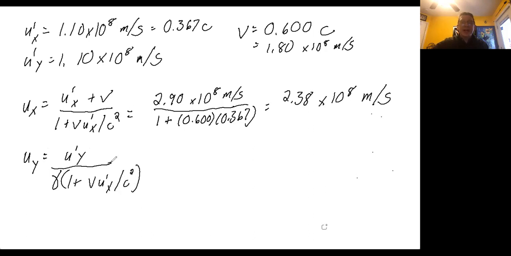So gamma, again, you get from v, and we already know that gamma is equal to 1 over the square root of 1 minus 0.600 squared. And so you do the math for that, that's equal to 1.25. So we'll put that in.